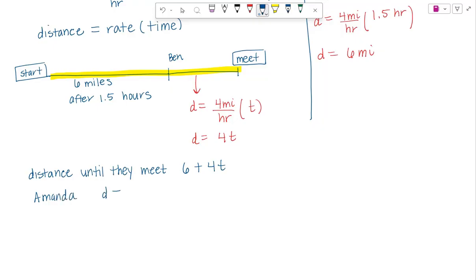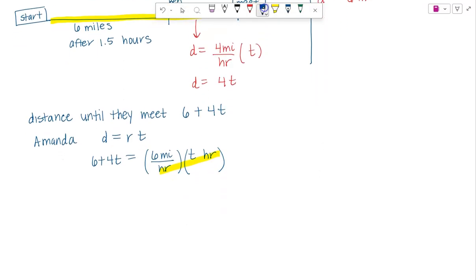If we think distance equals rate times time, the total distance that she's going to travel before she meets Ben is 6 plus 4t. Her rate is 6 miles per hour. And then the total time that she's traveling is t hours. See that the hours are going to cancel here.